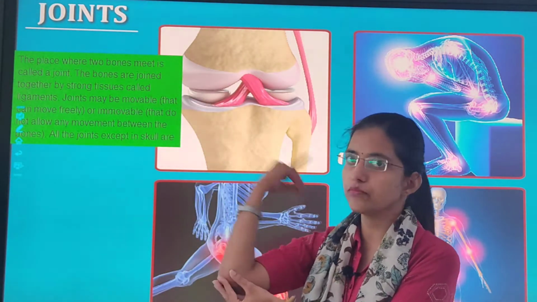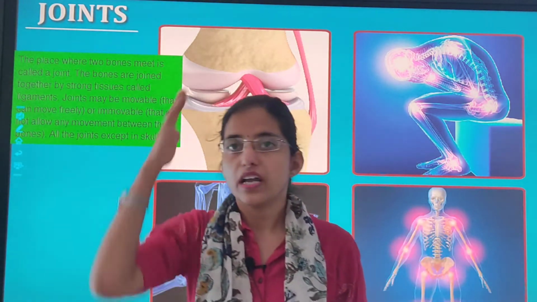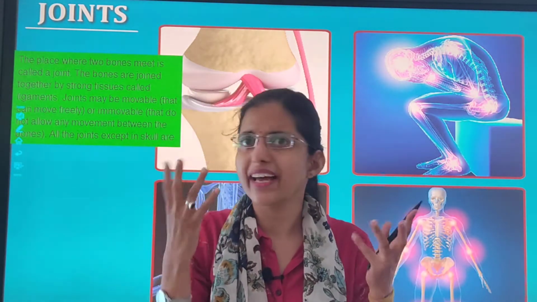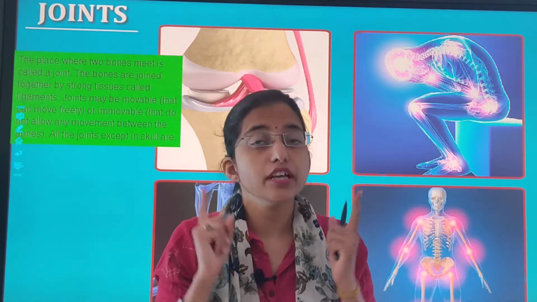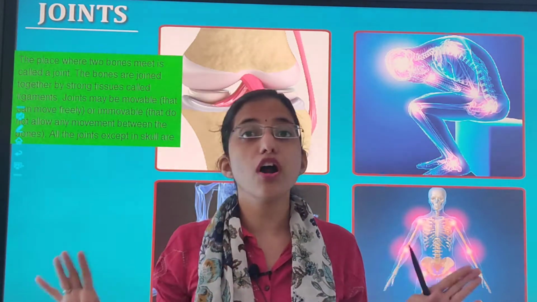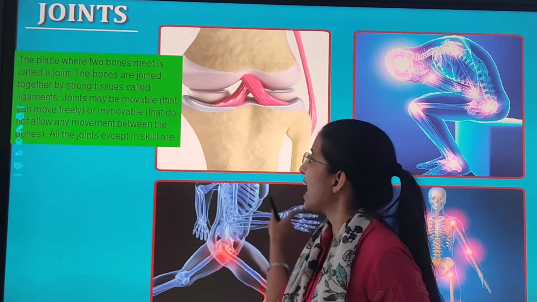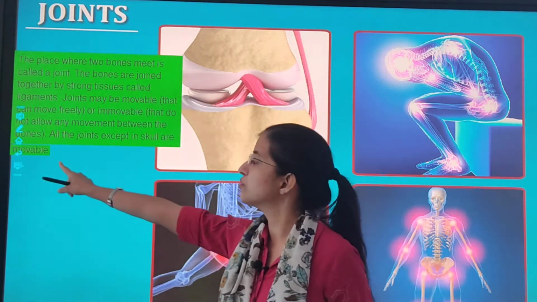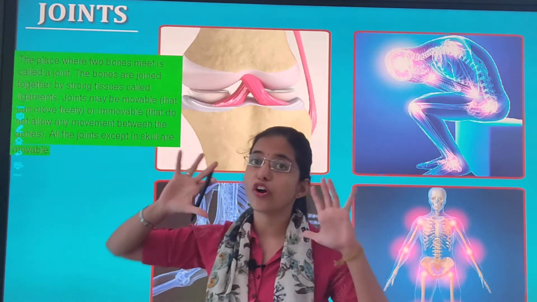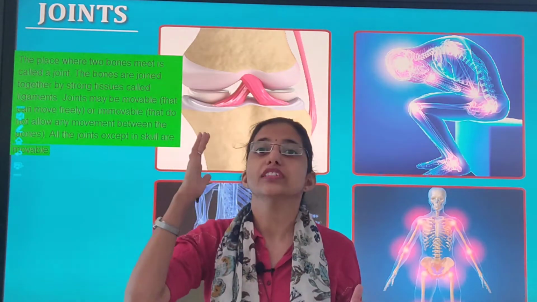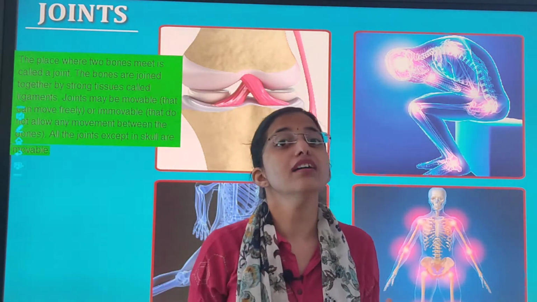That is why we can move our hand. But on our skull, there are many joints, and they are immovable joints because we cannot move them. सारे joints movable होते हैं except the joints which are present in our skull.